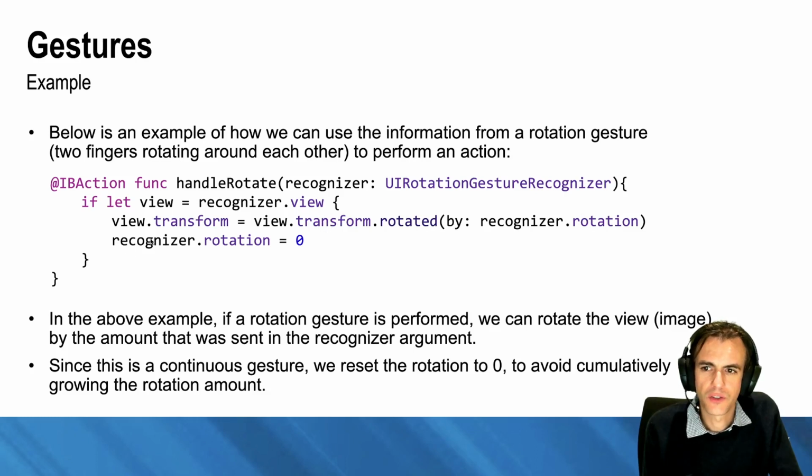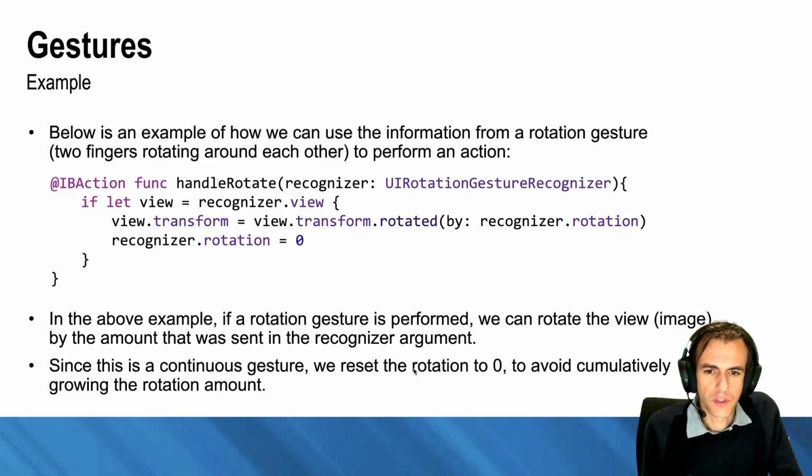In this case, interestingly, we set the rotation value of the recognizer back to 0. And you might wonder why that happens. Well, this is just because this is a continuous gesture, as in as the user is performing this gesture, this action is going to get called multiple times, not just once at its conclusion.